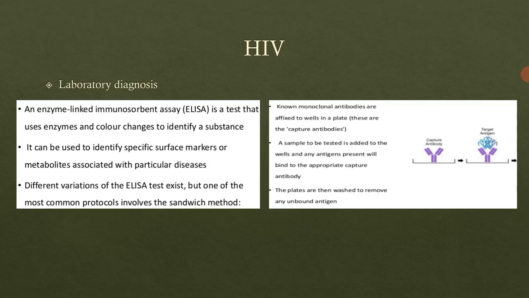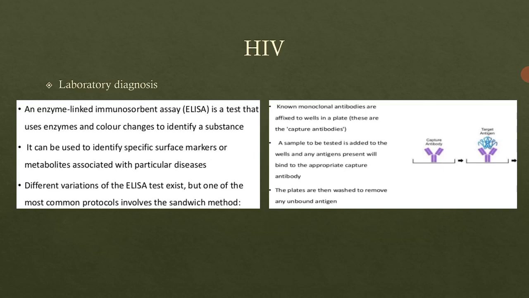ELISA is the enzyme linked immunosorbent assay. In the ELISA test, we have the antibodies, and on that our antigen will bind. Then the second set of antibodies is attached to a color changing enzyme.